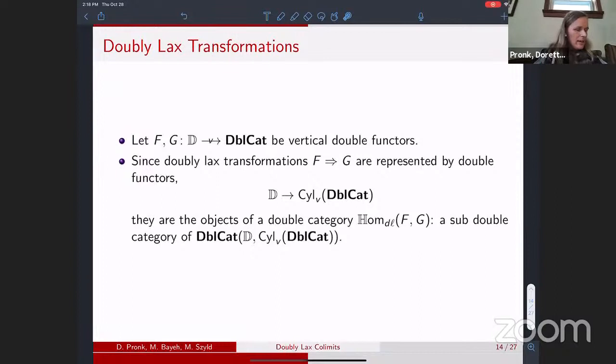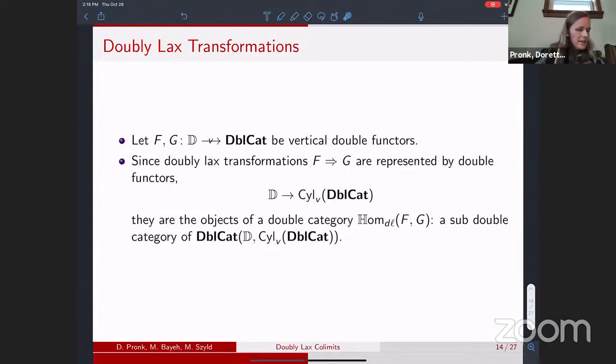Okay, so let's look now a little bit more carefully at the structure of our doubly lax transformations. They are now double functors. So between double functors, we have horizontal transformations, vertical transformations, and modifications. So we have a whole double category sitting there.